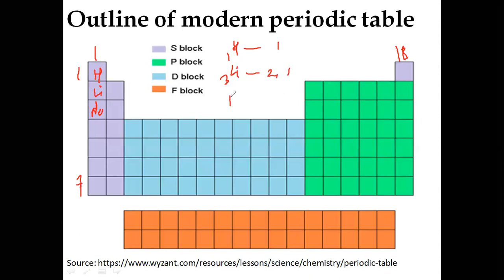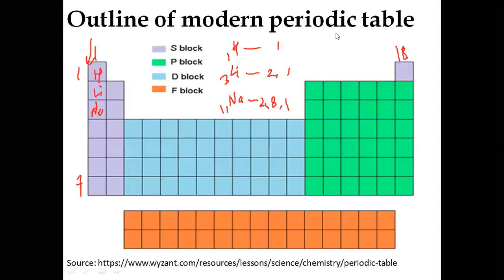And sodium has 11, so its configuration is 2, 8, 1. It means they have some similarity in their configuration. We can say that all these elements possess an outermost shell with 1 electron, so they are all placed in one group.